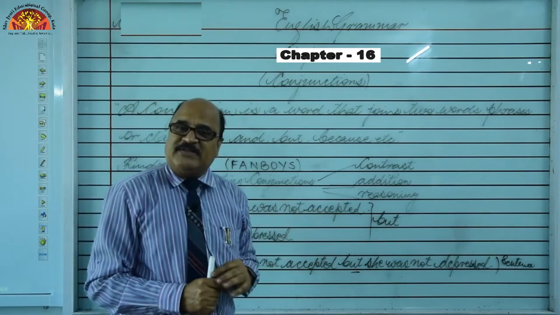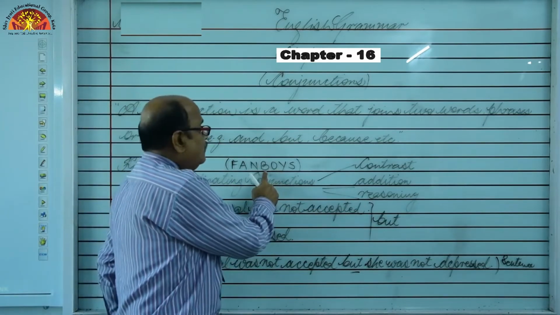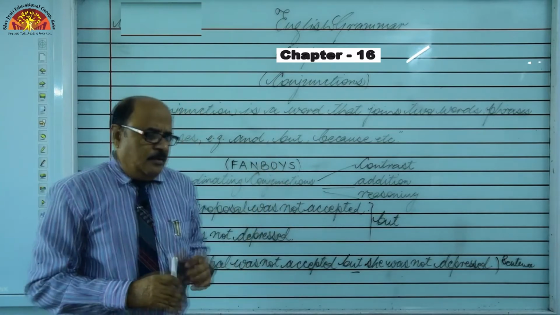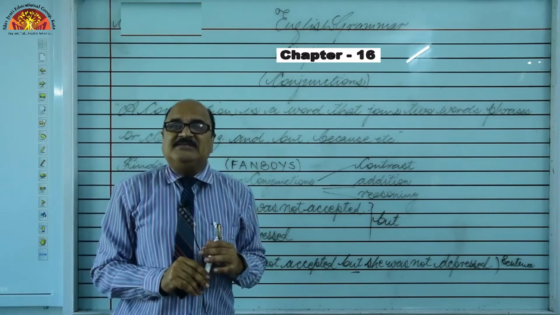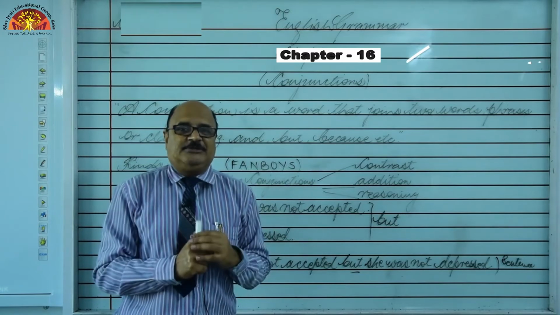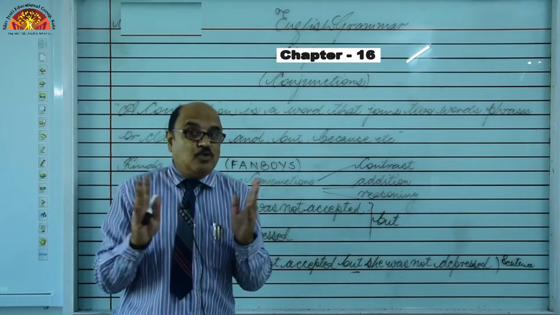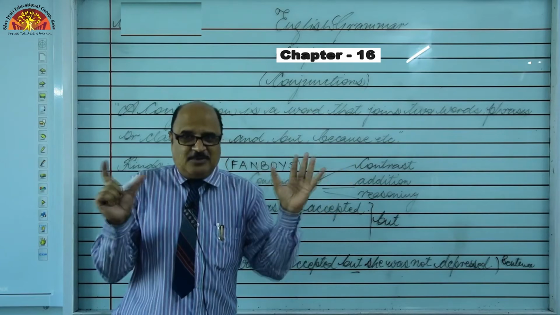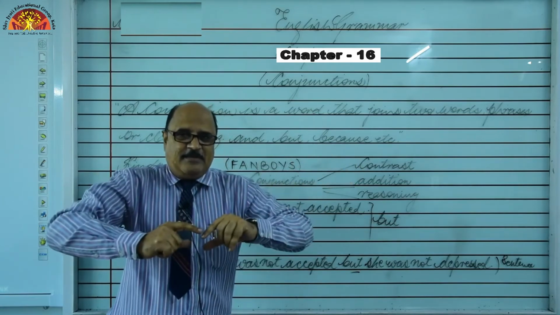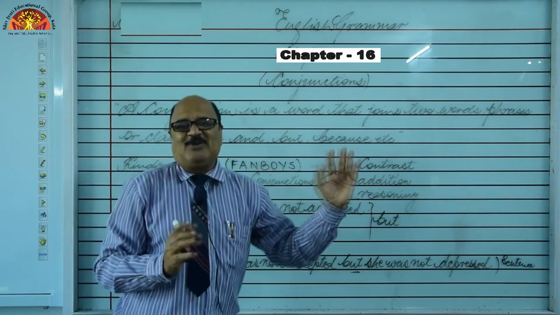We can take the example of yet also. He is rich, he is not proud. They both are different. Let us connect them. So, what to say? He is rich, yet he is not proud.